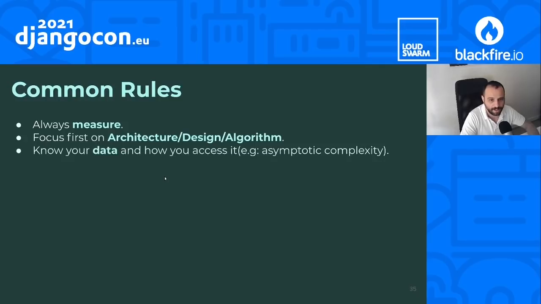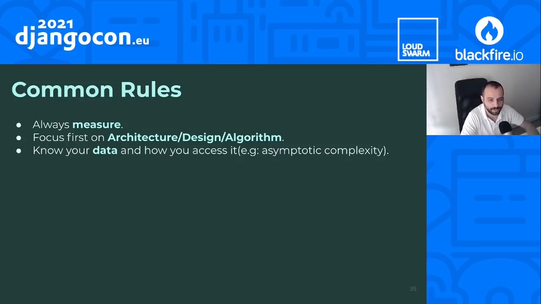The third one is that every application accesses some kind of data, and how an application accesses its data is very specific to the application. For example, you should know that searching for an item in a set or dict is very fast. It happens in constant time. But if you're using lists internally and constantly removing and inserting into the list, then it might not scale very well at the end.